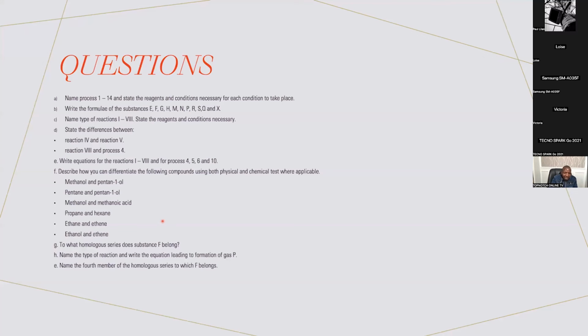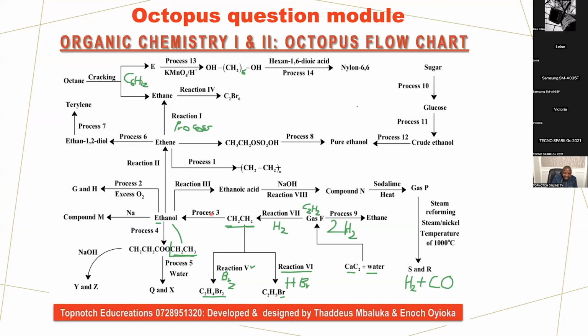This one is simply hydration, whereby we are adding water, we are adding steam. We are reacting ethene with steam, and we require phosphoric acid. Process 3 is hydration. It requires steam.